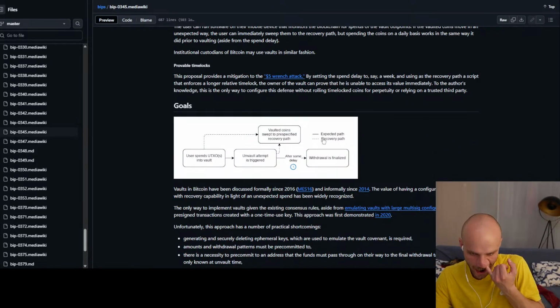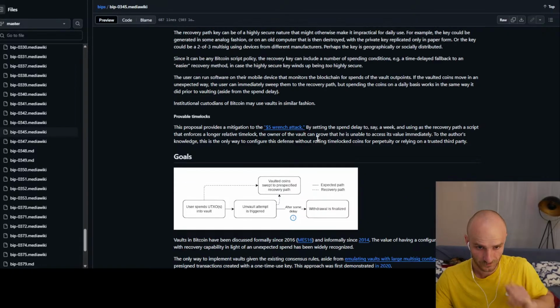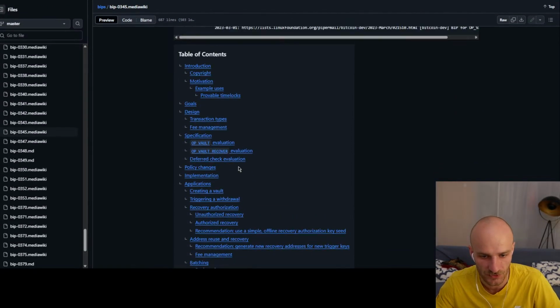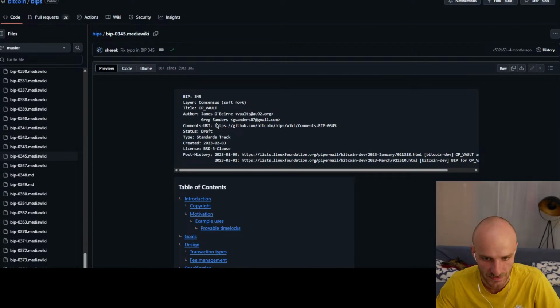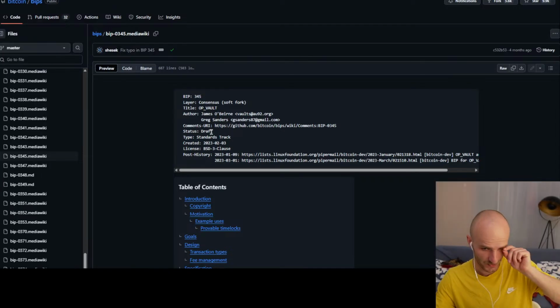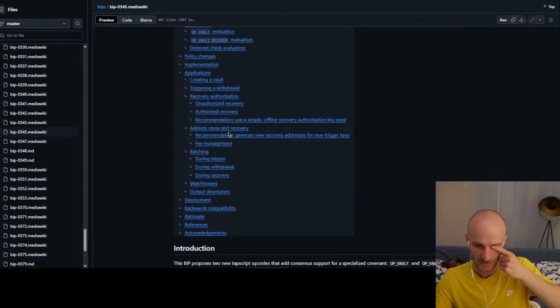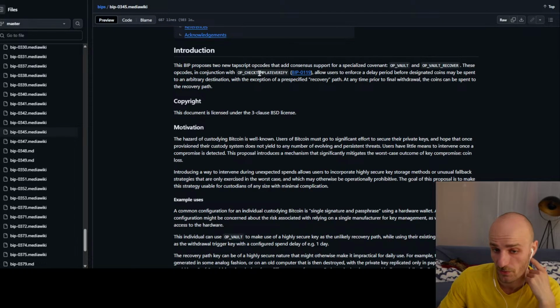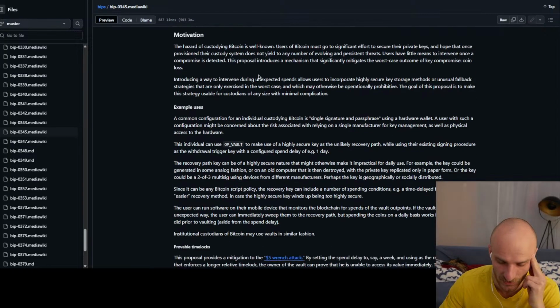Okay. When is this from? 2023. So the evolution of the discourse arrived at this point where we have some specific opcodes that, in combination with OP_CTV, would allow us to implement these techniques directly.